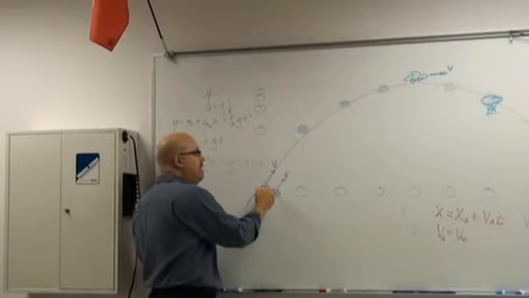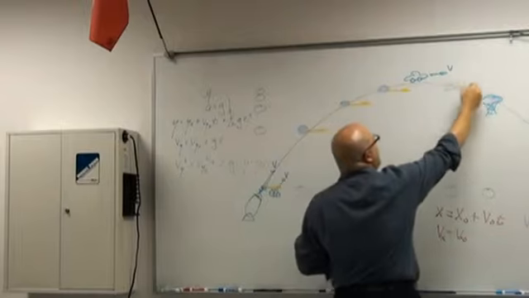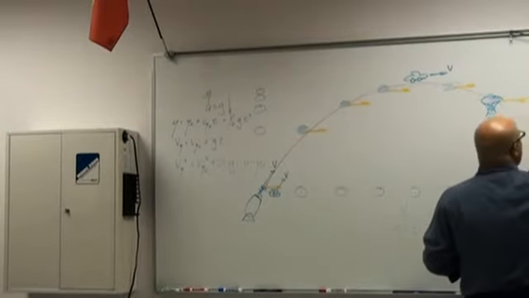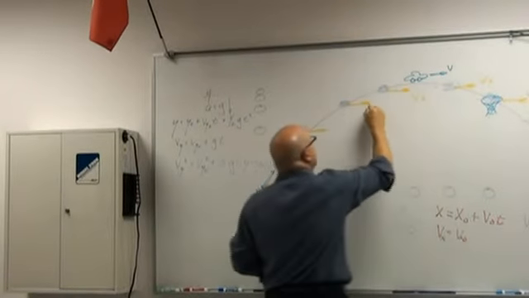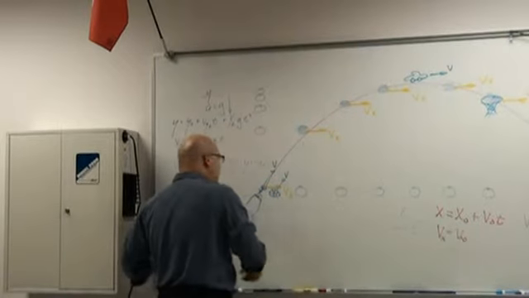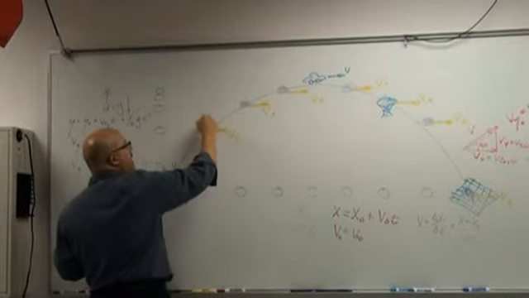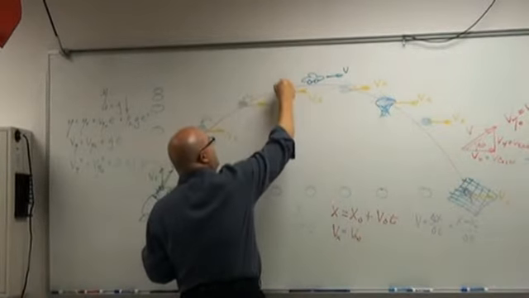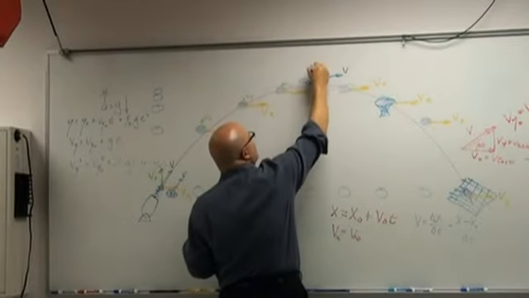This velocity right here, the x velocity, always stays the same. The y velocity, on the other hand, is up, and a little up, and a micro amount up, and then my velocity at the top is 0.